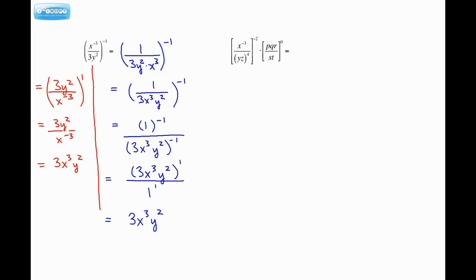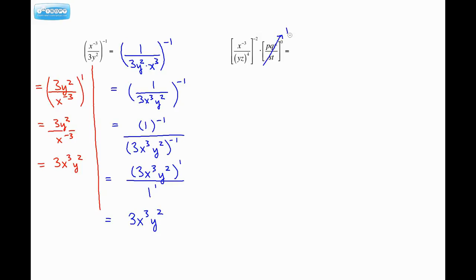All right, this next example looks pretty ridiculous. I'll give you that. But I would hope you could recognize this part right here. I have PQR over ST, whatever that is. But notice how it's being raised to the power of 0. Well, what did I say about anything being raised to the power of 0, except for 0? That's just 1. So this entire thing is just 1.